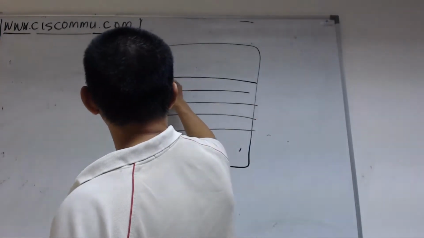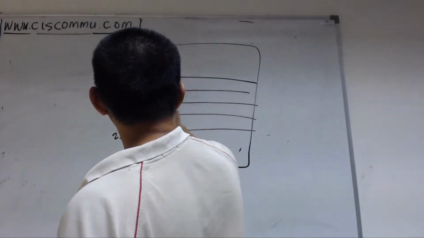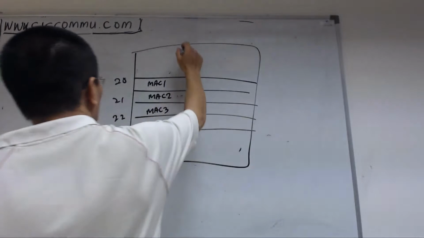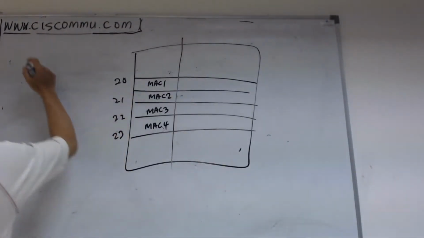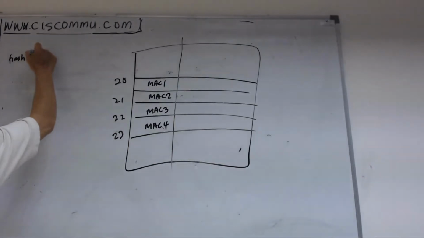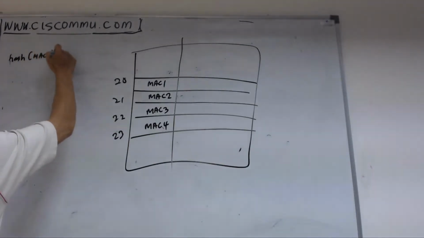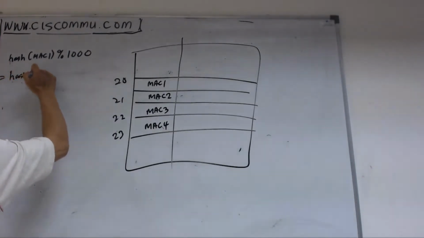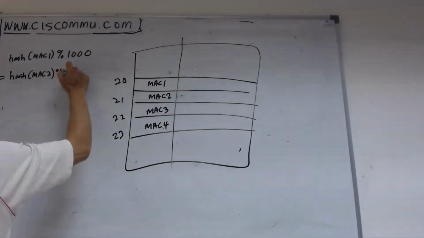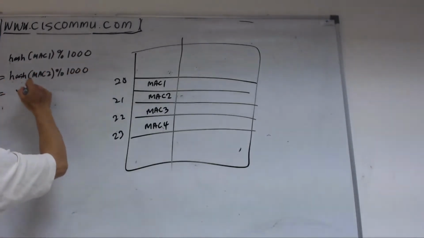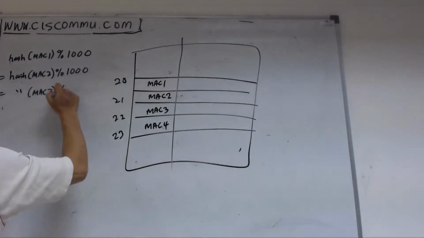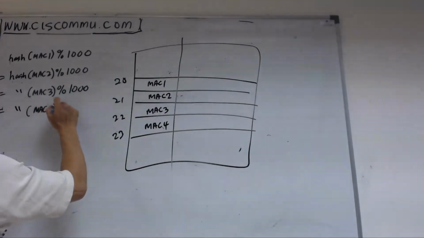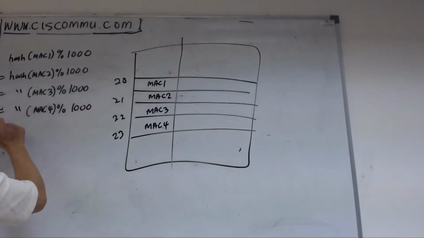And here you have MAC 1, MAC 2, MAC 3, and MAC 4. Alright. So what happens where you have the hash of MAC 1 modulus 1000 is equal to the hash of MAC 2 modulus 1000, which is equal to hash MAC 3 modulus 1000, equal to hash MAC 4 modulus 1000, which is equal to 20.